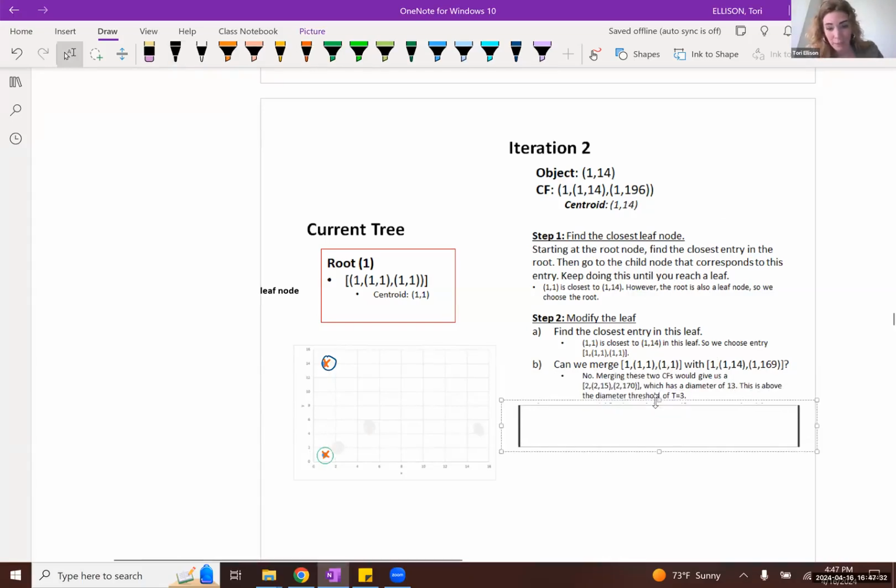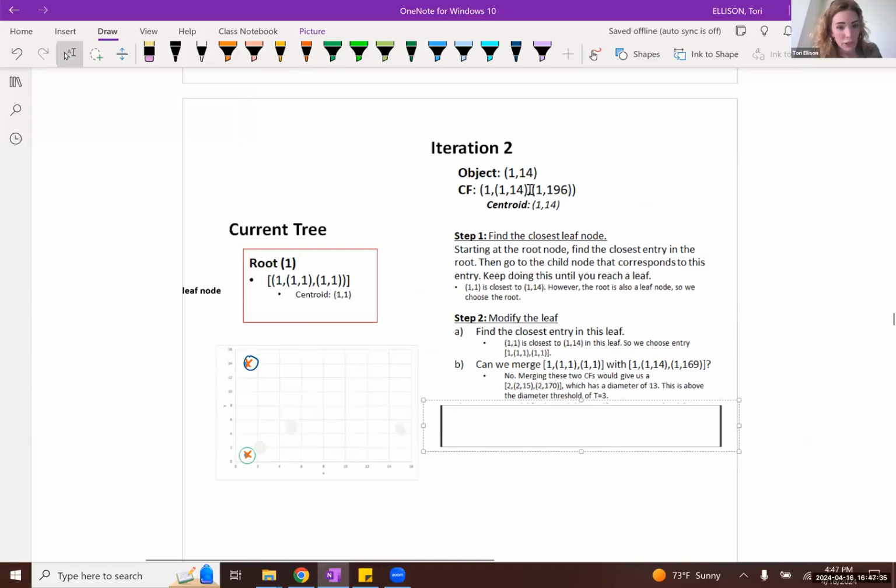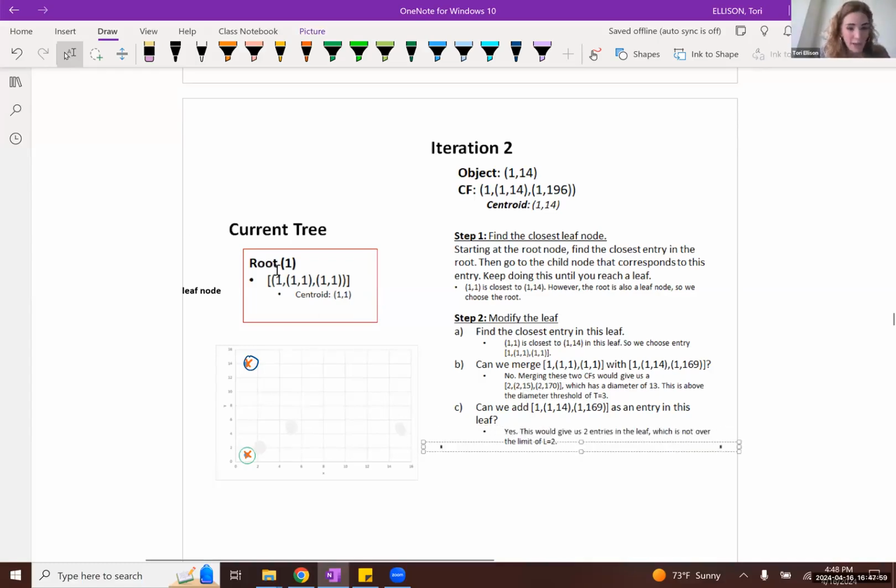Okay, so if we're not allowed to merge a given incoming subcluster with its closest existing subcluster that exists in the tree, the next question that we would want to ask is, well, okay, can we add this subcluster as an entry in the corresponding leaf node that we have selected? And so the answer now is yes, we are allowed to do this, because that would basically create 2 corresponding CF entries in this leaf node, and that's not above the limit yet of 2 entries.